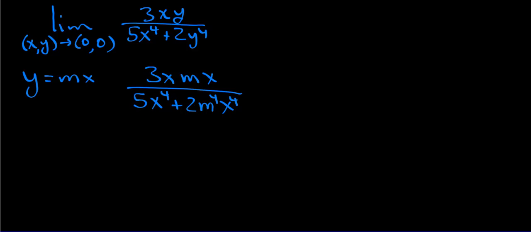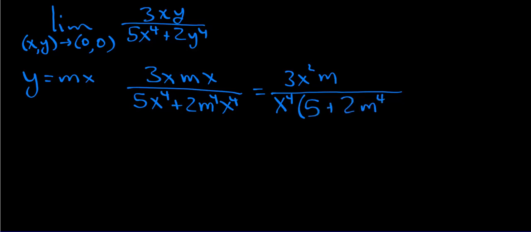Okay. Now, if you look further at this, this is going to be 3x squared m over, let me factor out an x to the fourth, you don't need to, but then you've got 5 plus 2m to the fourth. Now, these x's cancel, well, the ones on top do, and you get 3m over x squared times 5 plus 2m to the fourth.